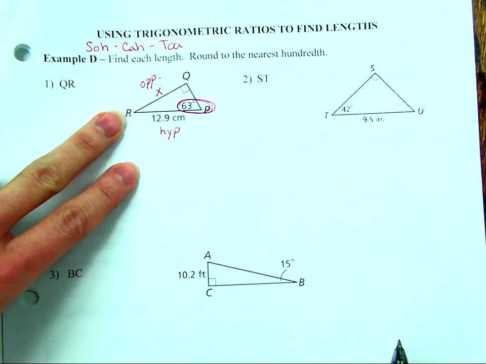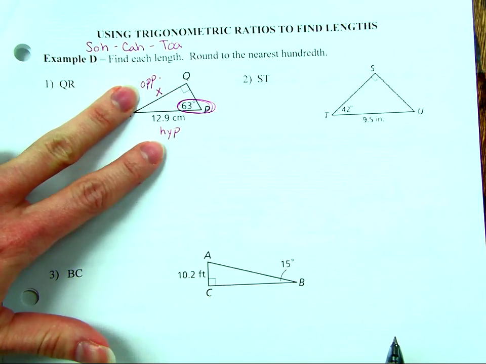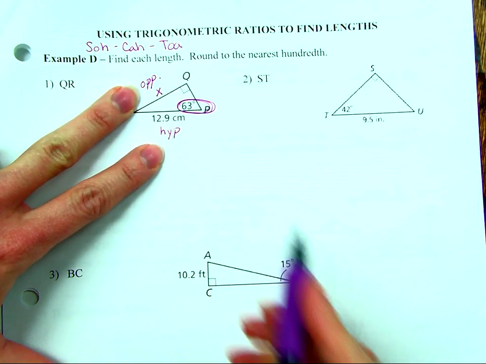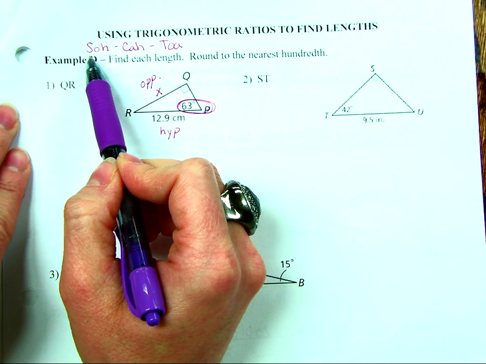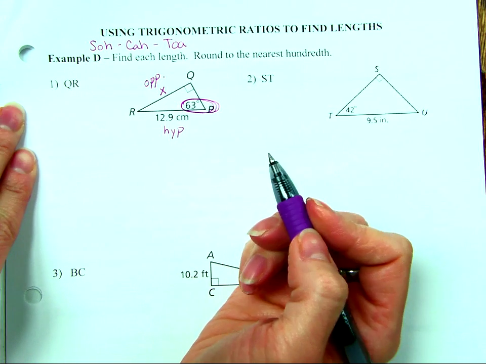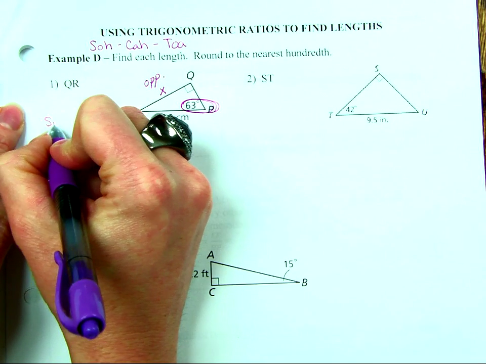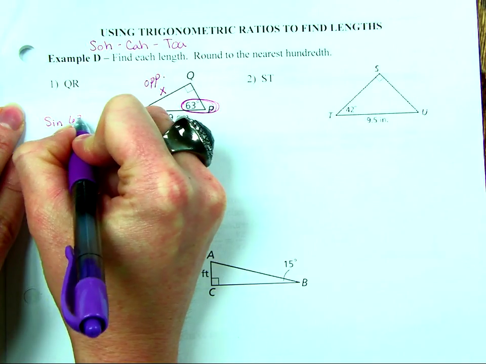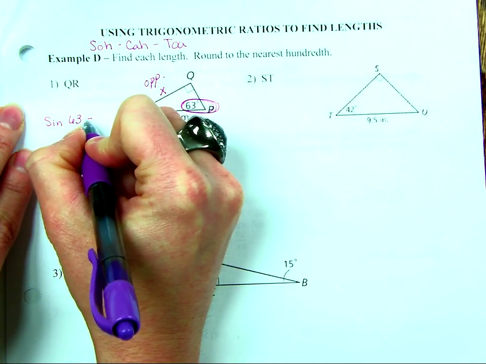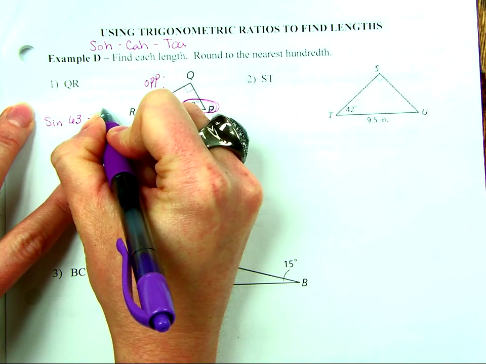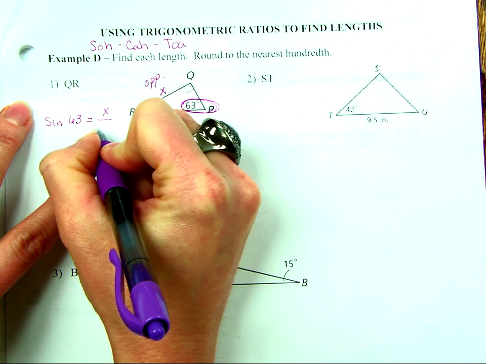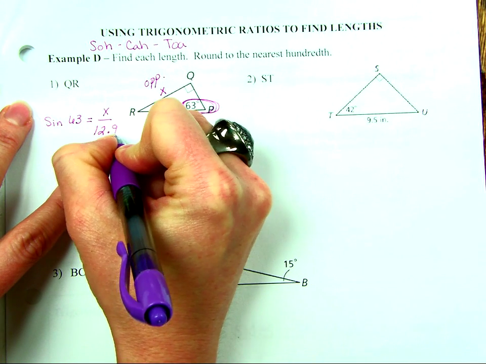So we're going to look at which ratio would use opposite and hypotenuse. Looking up here, opposite and hypotenuse would be S for the sine function. So I can set this up as so. The sine of 63 degrees equals opposite over hypotenuse, which is x over 12.9.